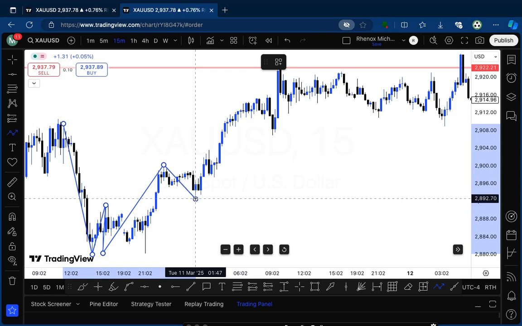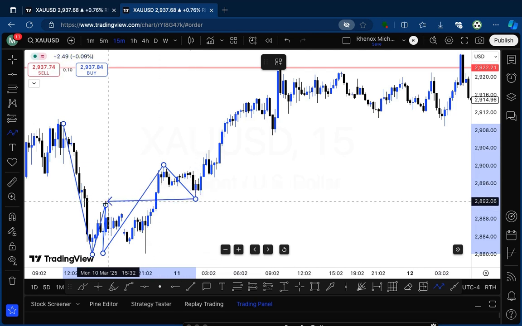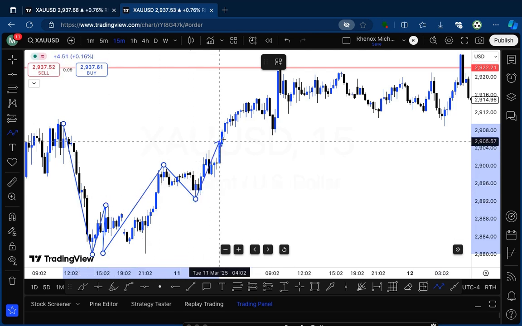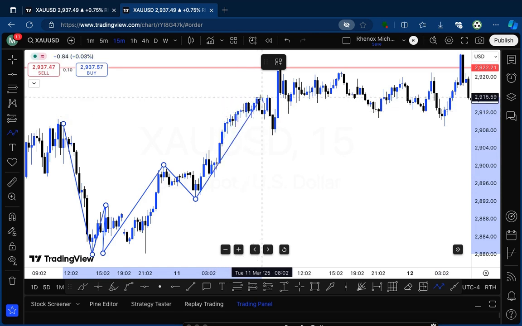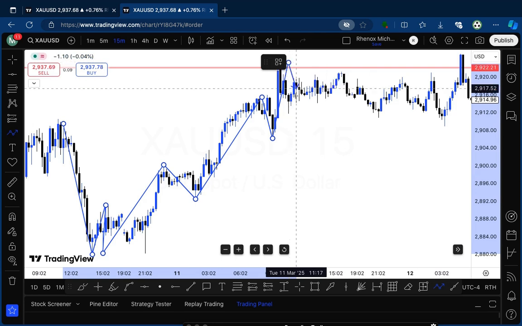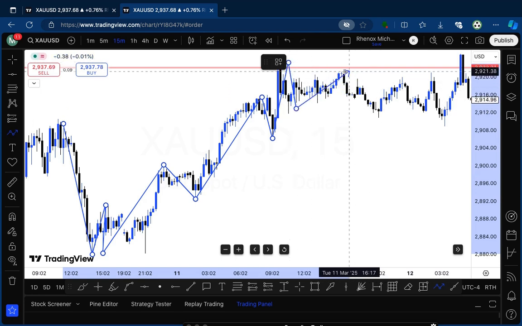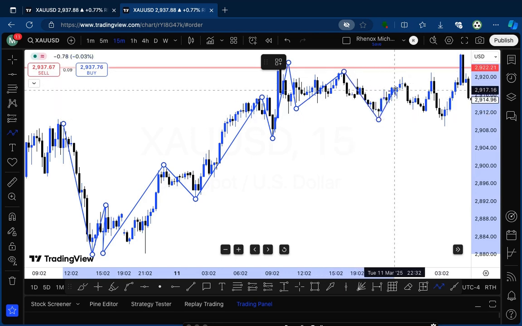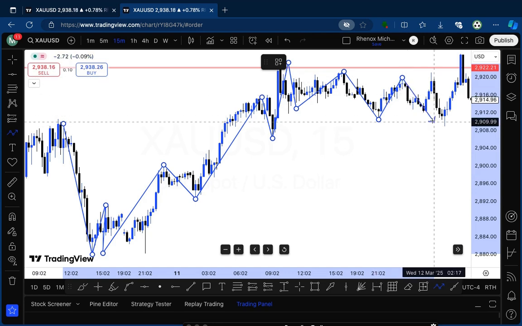Like we said, we mark out our key strong levels on the chart. Now this was a strong level, that's why price came back to this level here, and then we had a final break to the upside again, giving us a higher high, a higher low, and a higher high again.